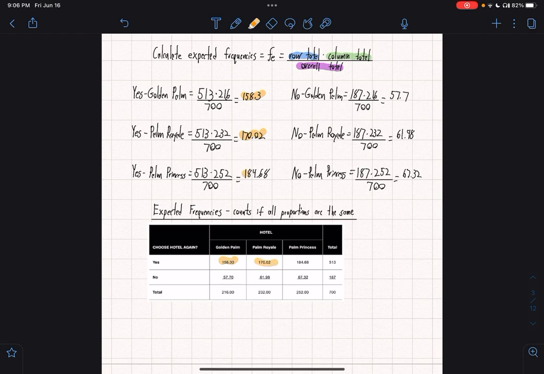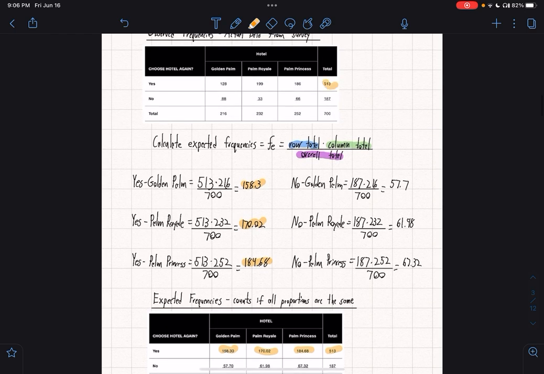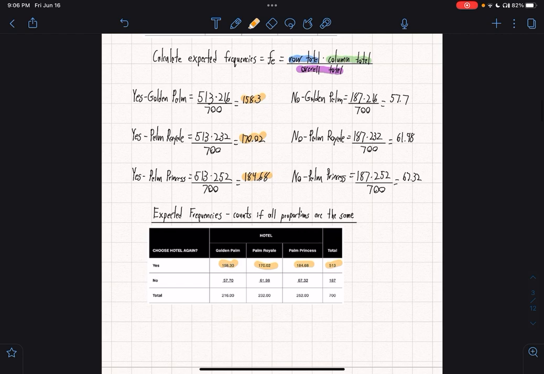Yes, Palm Princess, 184. If you sum those up, you still get 513. Now let's look at our no. We have 57 for no Golden Palm. We have 61.98 for no Palm Royale and 67 for Palm Princess. There we go. If you add all of this up, you get 187.